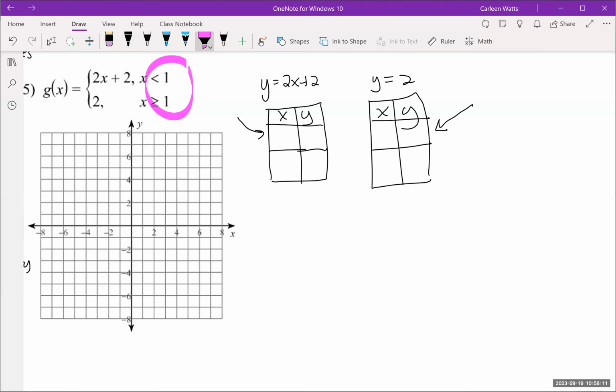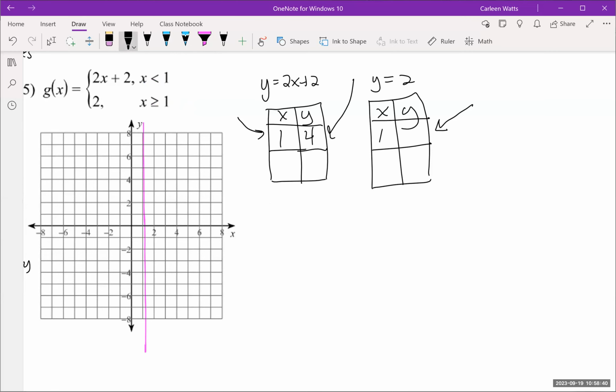So I'm going to highlight the boundary and I'm going to put X equals 1 on the top row of my table. Okay, plug in. 2 times 1 plus 2 is? All right, 4.